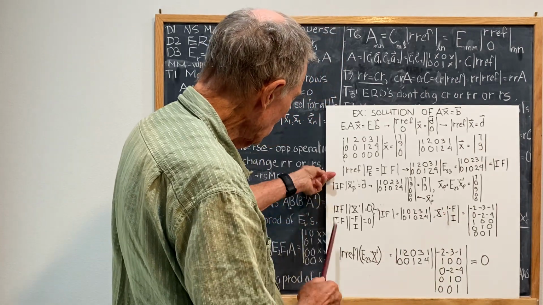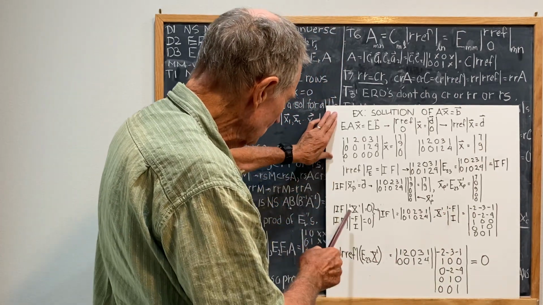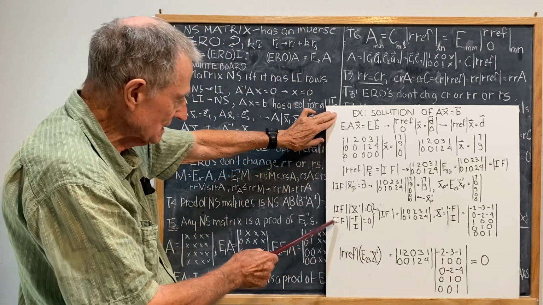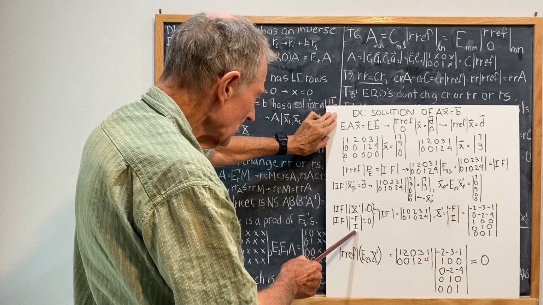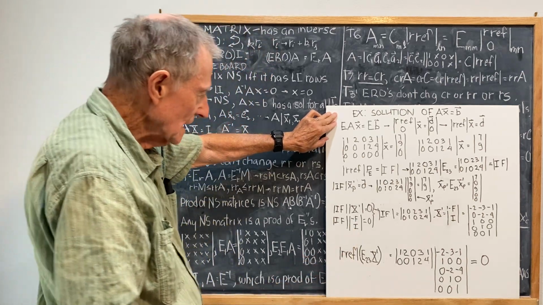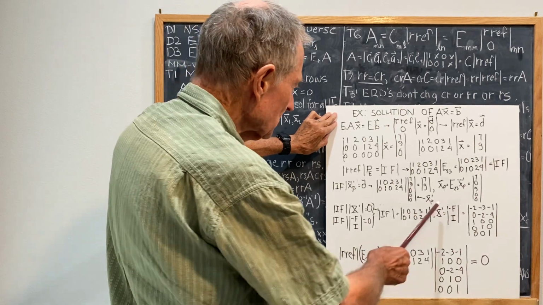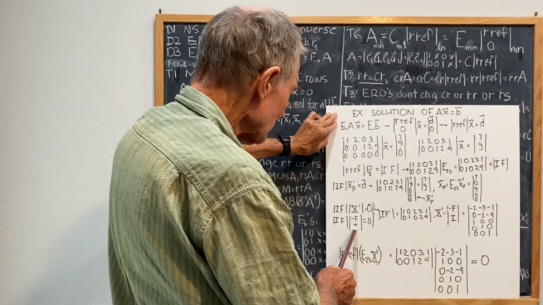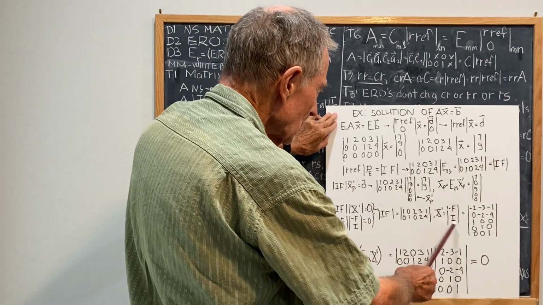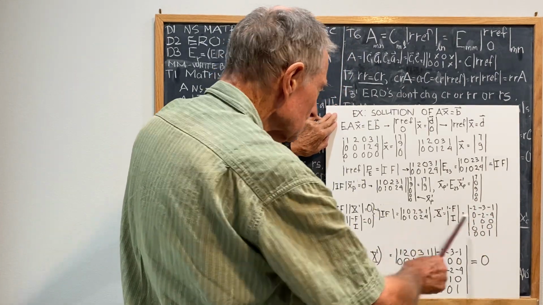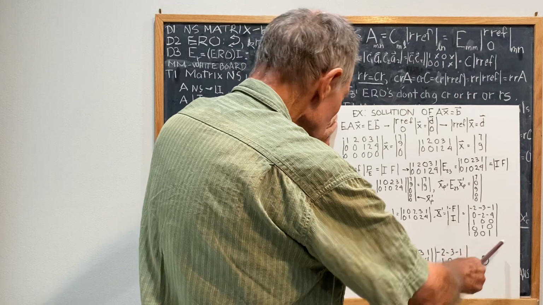Now, if I have the equation IF x prime is equal to 0, we have that solution IF is minus Fi, and IF is equal to this. Therefore, x prime is equal to minus Fi is equal to this: minus 2, minus 3, minus 1, minus 0, minus 2, minus 4, 1, 0, 0, 1, 0, 0, 0, 1.